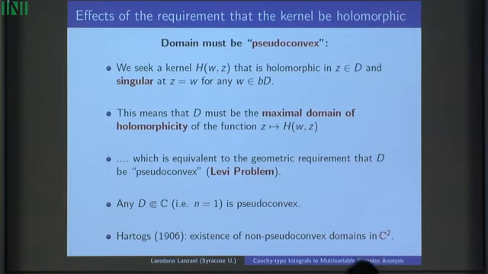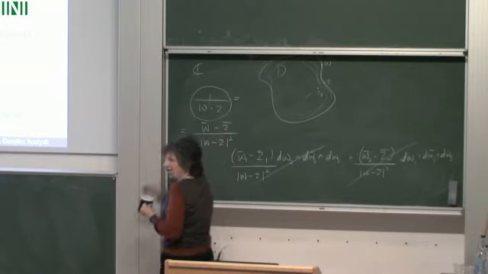This is a problem that was posed by Eugenio Elia Levi in the early 1900s. He died in World War I, so very early 1900s, to geometrically characterize the domains in 2 or more complex variables which are the maximal domain of analyticity for some analytic function. Any domain in the plane is pseudoconvex, and here is your analytic function.